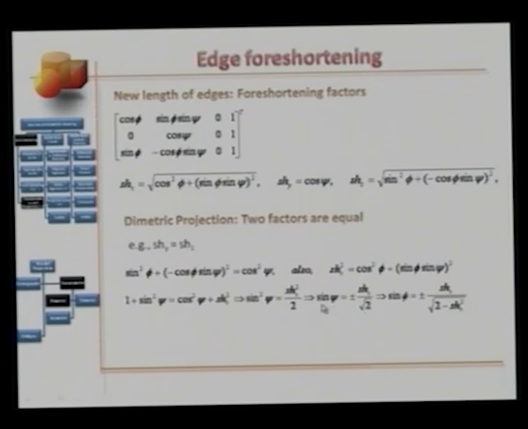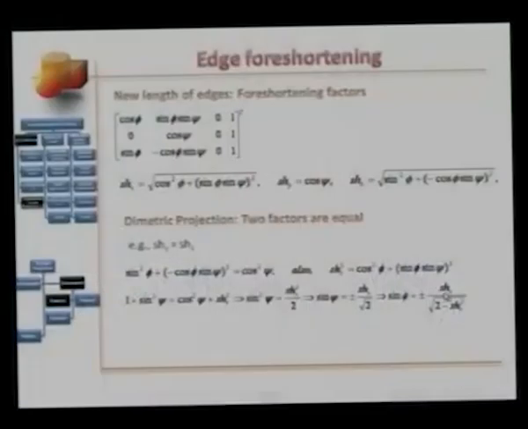Once we know sine psi, we can determine sine phi as plus or minus sh sub x over the square root of 2 minus sh sub x squared. What we observe is, if we consider sh sub x as a free choice, we can determine both rotation angles phi and psi.